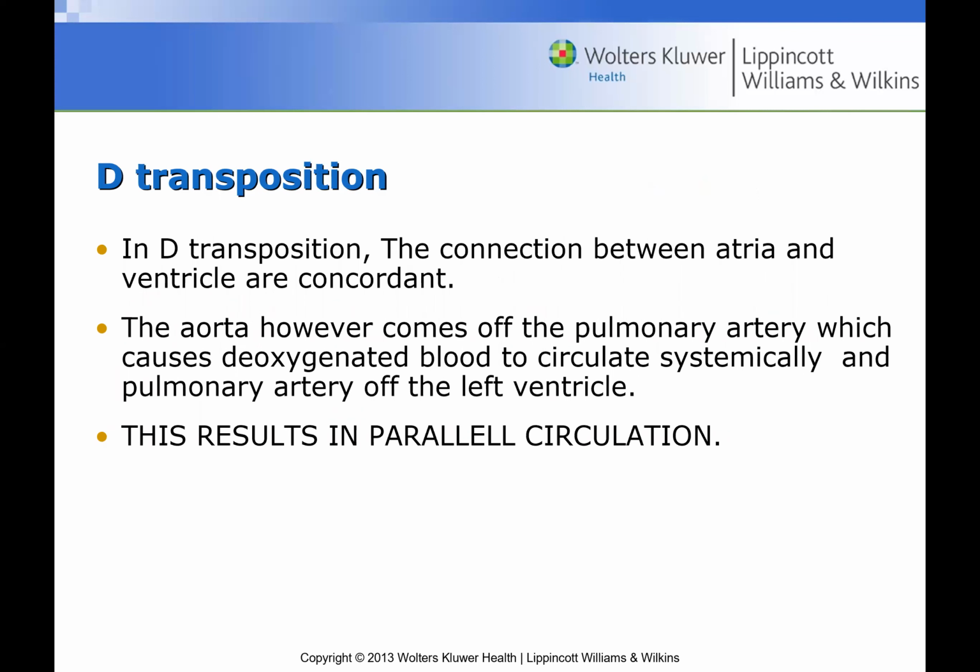In complete transposition, the connection between the atria and ventricle are concordant, which means the right atrium is with the right ventricle and the left atrium is with the left ventricle. And this is the one that we mostly see. And this results in parallel circulation. The aorta comes off the right ventricle and the pulmonary artery comes off the left ventricle, which causes deoxygenated blood to circulate systemically.